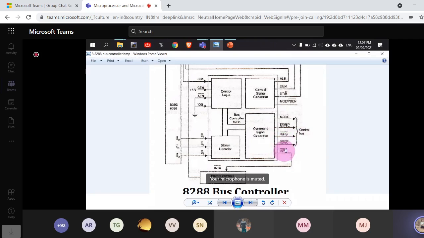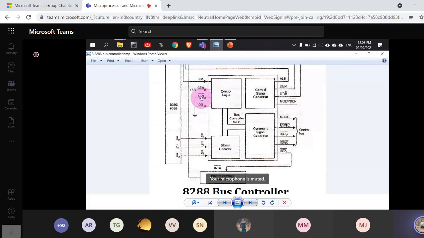Then the control signal generator will be generating ALE, DEN and DT/R, and we will see that this MCE/PDEN is used for peripherals, so that is also there. And this control logic will be taking the input as clock and your VCC, etc., and this AEN and IOB.